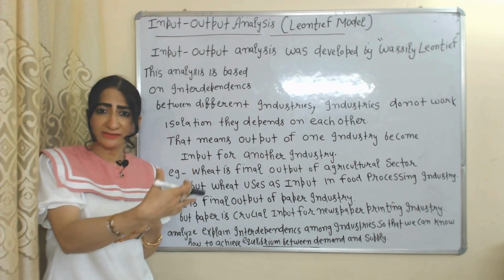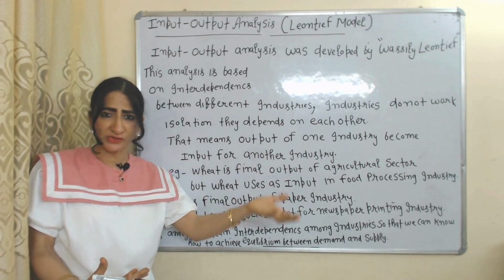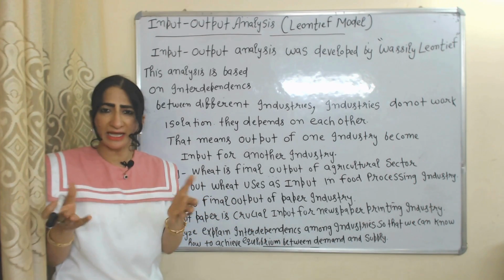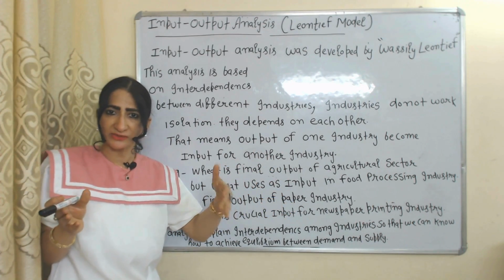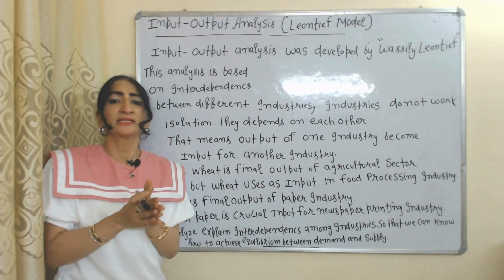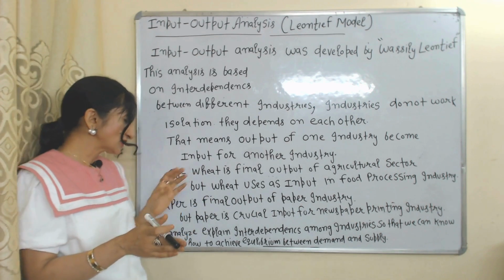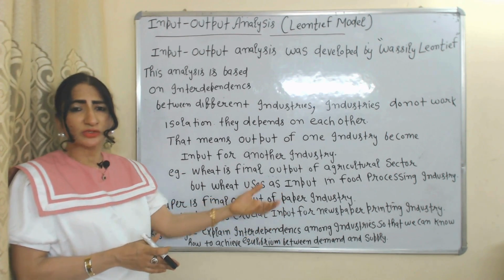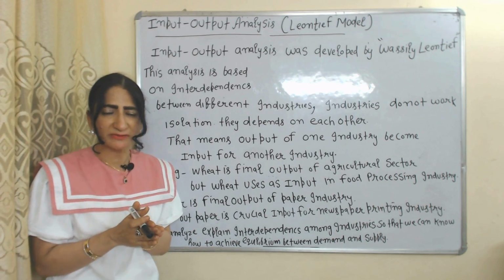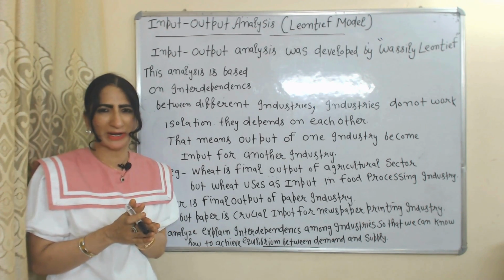That means industries sell their output to other industries so that they can use it as an input. So according to this analysis, industries depend on each other. They don't work in isolation. So this analysis explains interdependence among industries so that we can know how to achieve equilibrium between demand and supply.